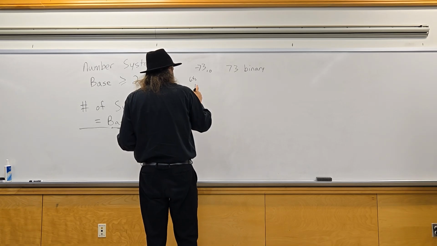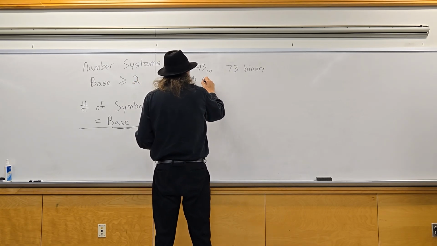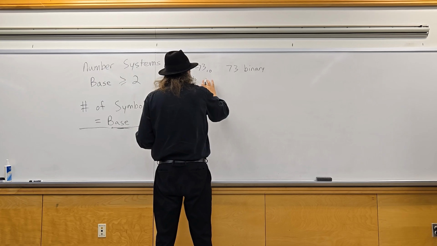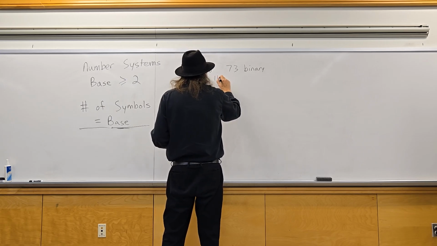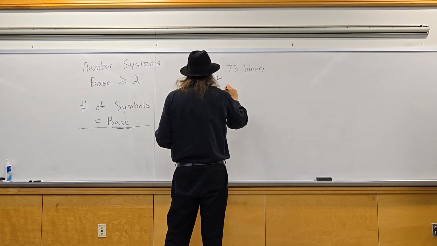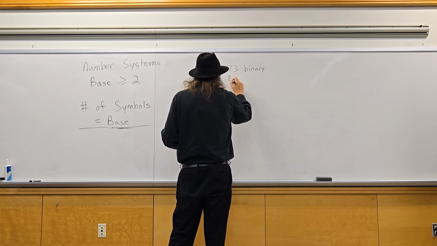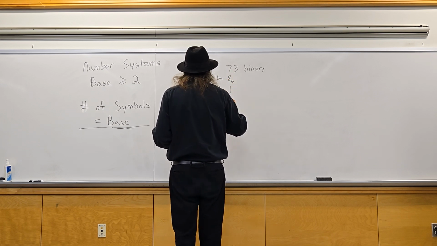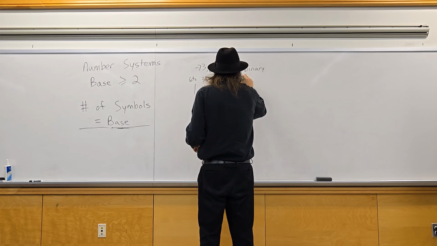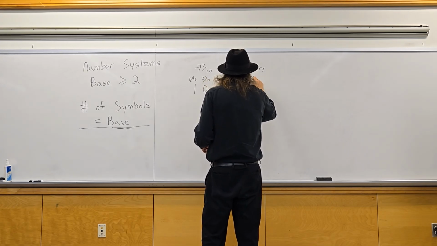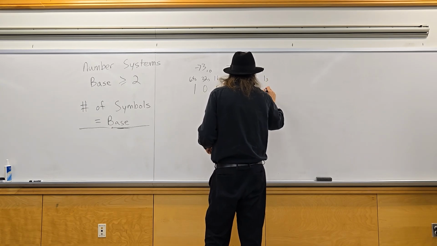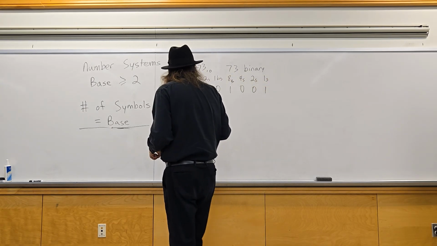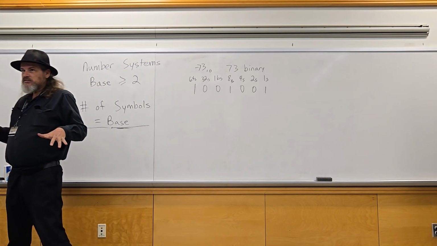That'll leave 9, so a 0 in the 32's, a 0 in the 16's, a 1 in the 8's, a 0 in the 4's, a 0 in the 2's, and a 1 in the 1's. Did everybody see how I got that?